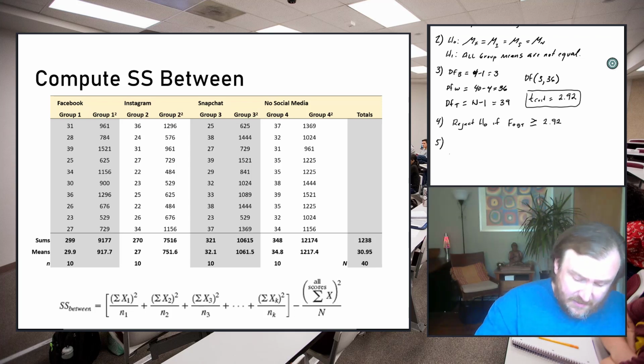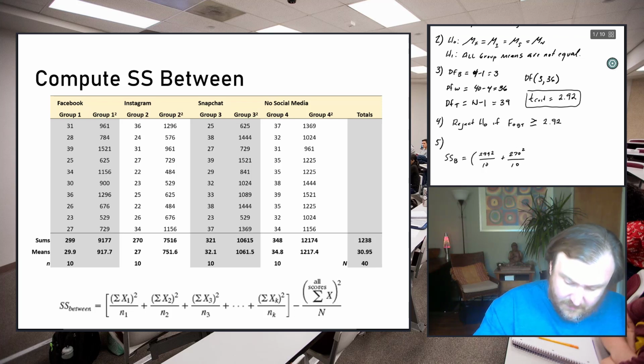So we get sum of squares between is equal to 299 squared over 10 plus 270 squared over 10 plus 321 squared over 10 plus 348 squared over 10.